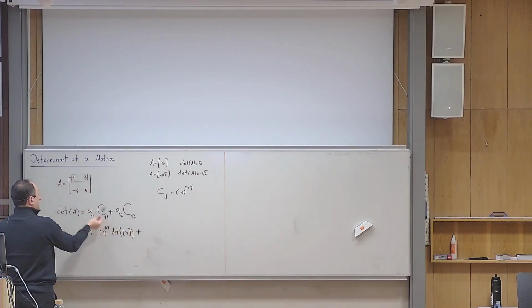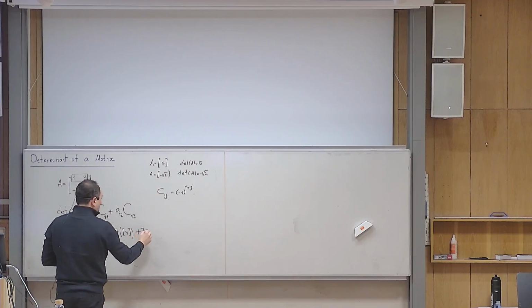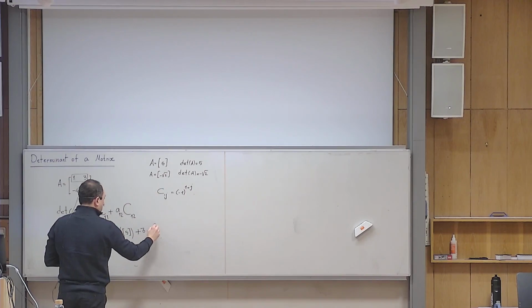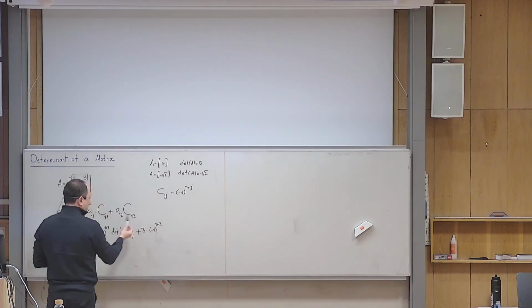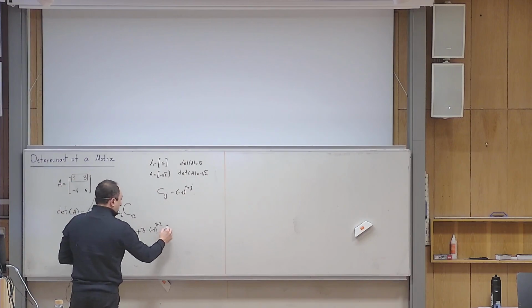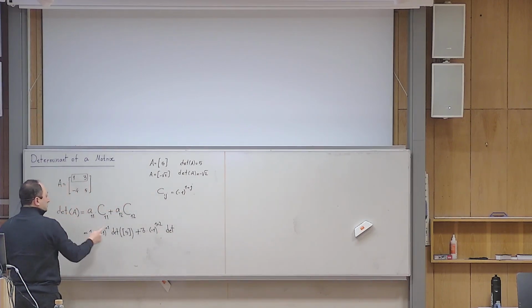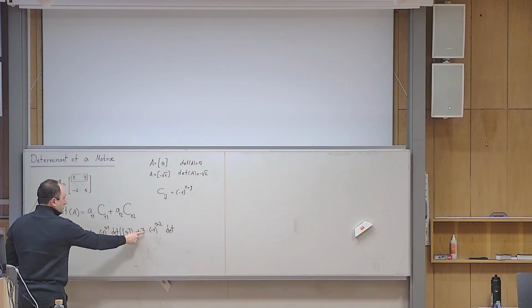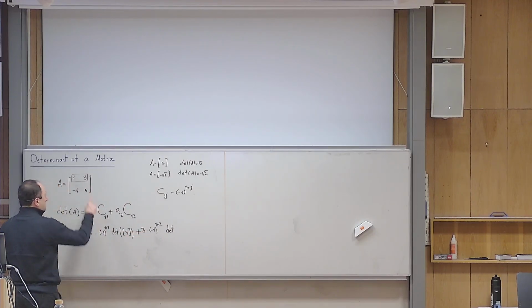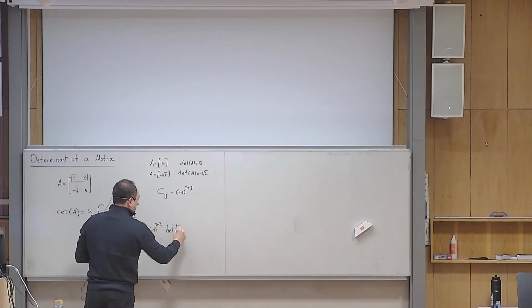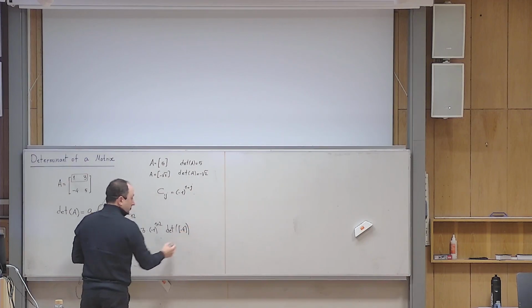A12 is the entry on the first row, second column, which is 3, multiplied by minus 1 to the power of 1 plus 2, here j is 2, multiplied by the determinant of the matrix which occurs if I remove the column and the row corresponding to this entry. So I remove this row, I remove this column. What is left is a 1 by 1 matrix for me, so this becomes the determinant of minus 4. Yes? Is that clear?